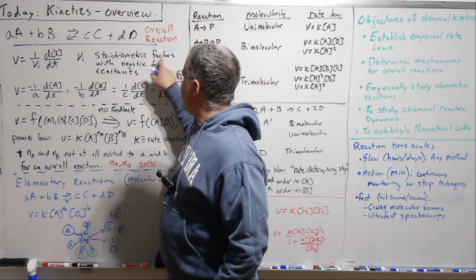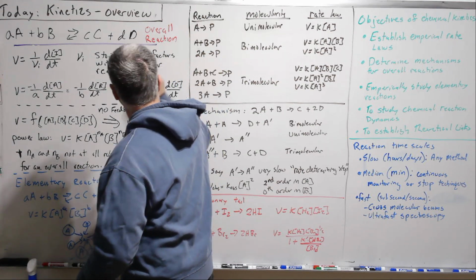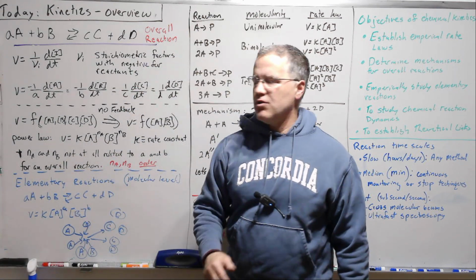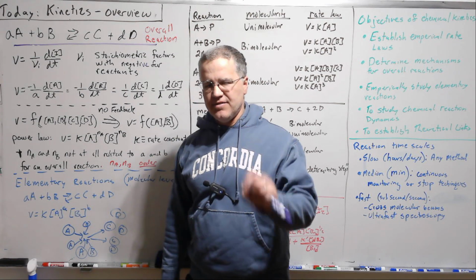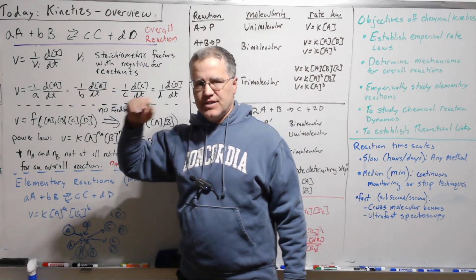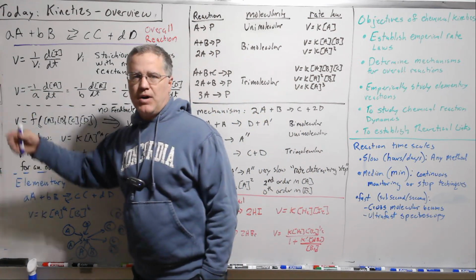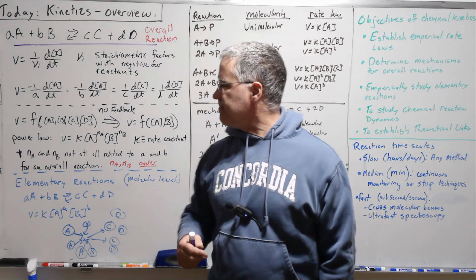So nu is the stoichiometric factor with negative for reactants. So if it's on the reactant side, we put in a negative sign because that means it's going away. The derivative here is a negative number. So when we multiply by a negative, we get a positive reaction velocity.